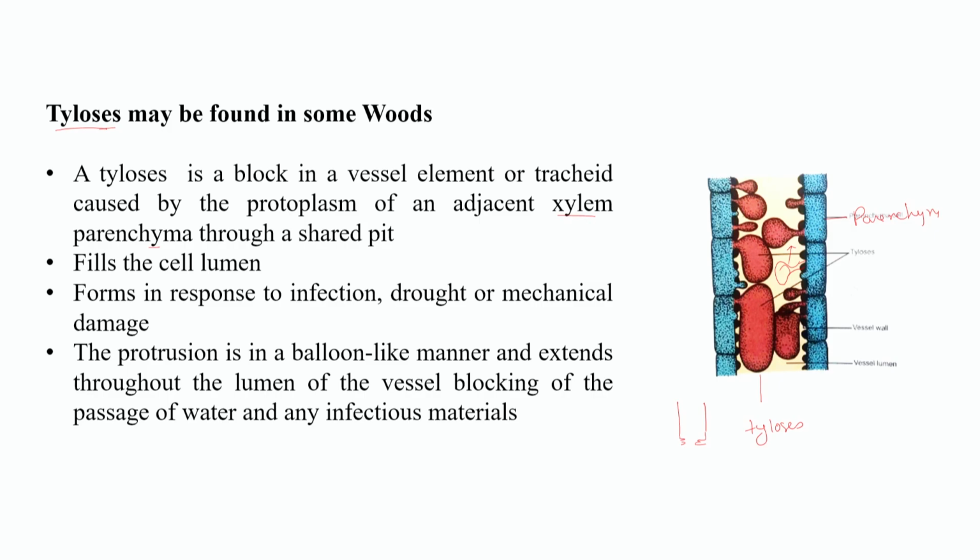So we have talked about wood, and we have talked about secondary growth in xylem. I just want you all, after learning the secondary growth and about this wood, to observe around yourself and try to analyze the wood which you see around you.